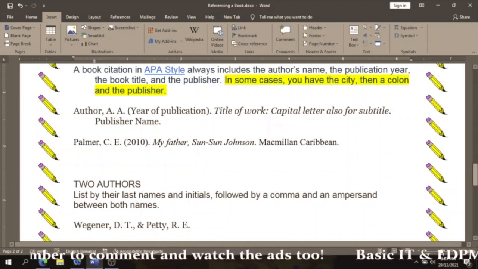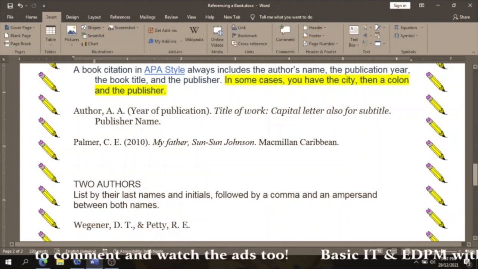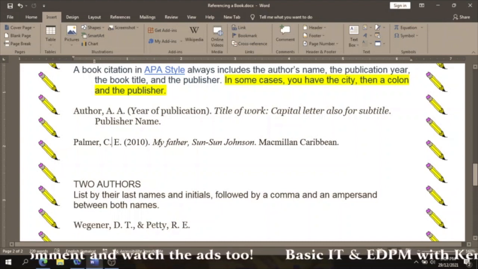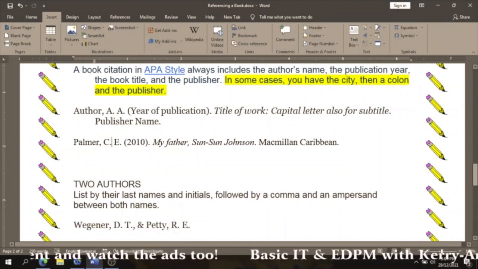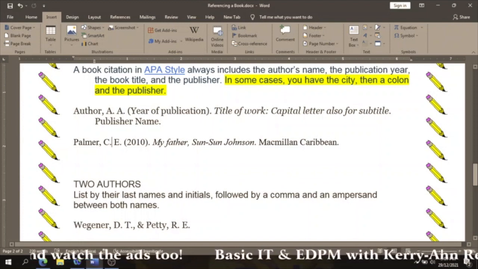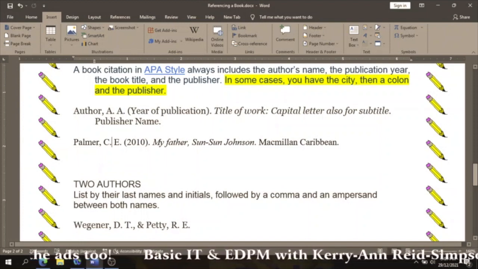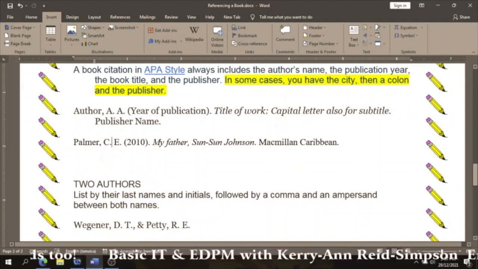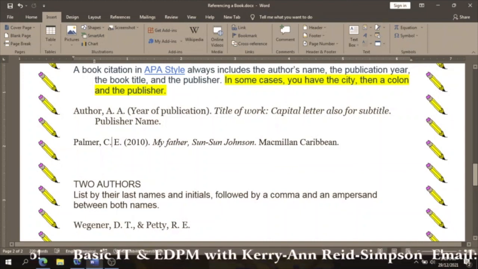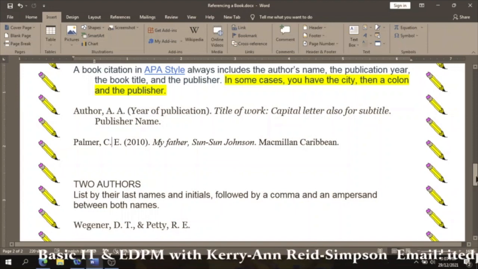Then the other author would come next. So between the two authors, you would have a comma and an ampersand. So that's the difference with a book that is written by one author and two authors.